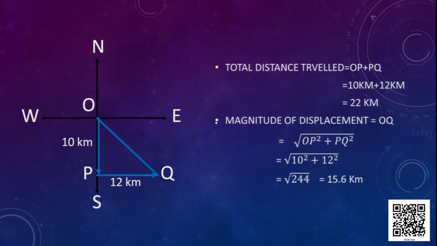That is the square root of 10 km square plus 12 km square, equal to the square root of 244, equal to 15.6 km.